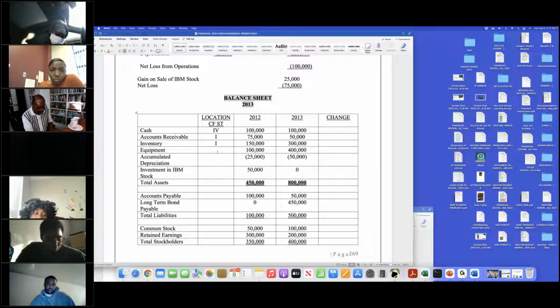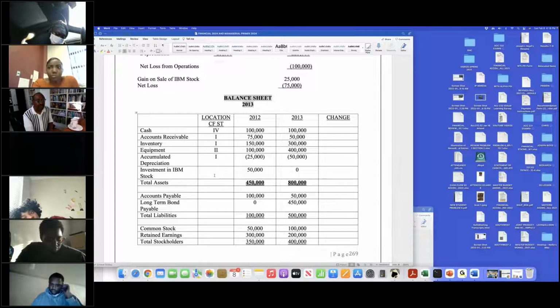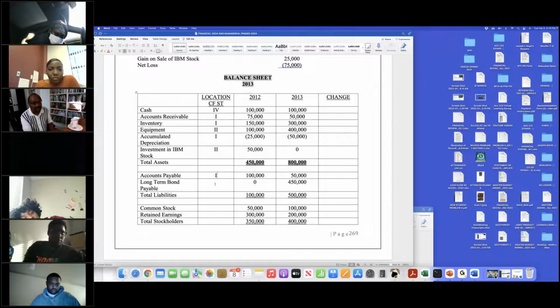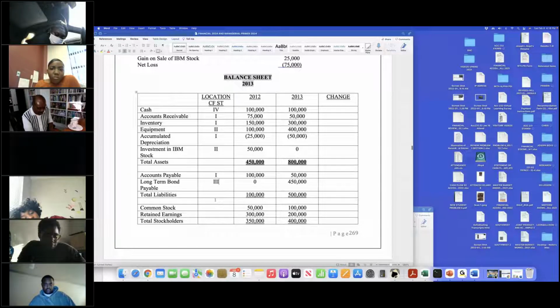Depreciation, the change in depreciation is in part 1. Contra account. The investment in the common stock, IBM stock of another company. That's part 2. Accounts payable is in part 1. The long-term bond is in part 3. And common stock is in part 3.